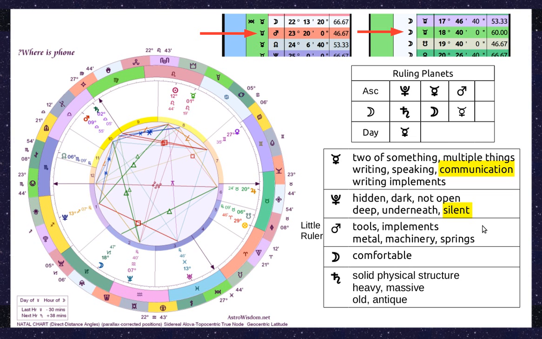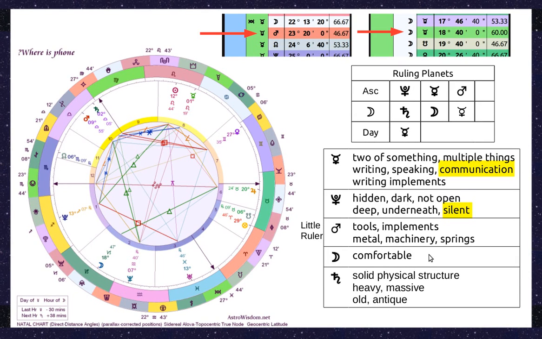Now, I did not indicate that she should go look in her toolbox or in the garage where her tools might be stored, or in the engine compartment of her car, because Mars is a specific little ruler inside these other things. The main ruling planets, 1, 2, and 3, 4, will show the basic nature of the answer to the question.